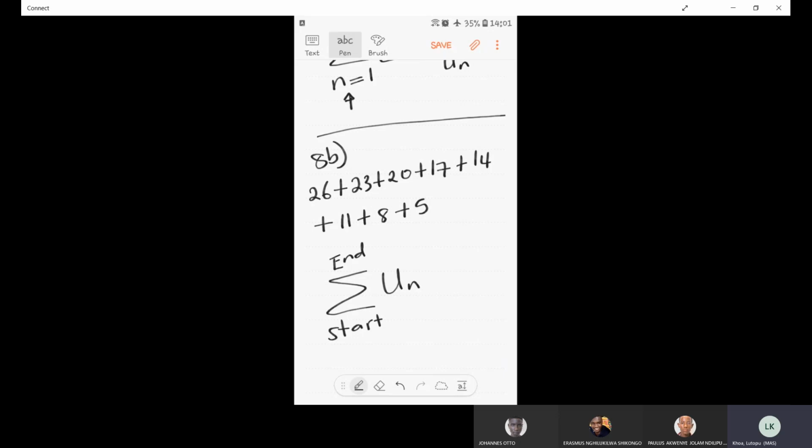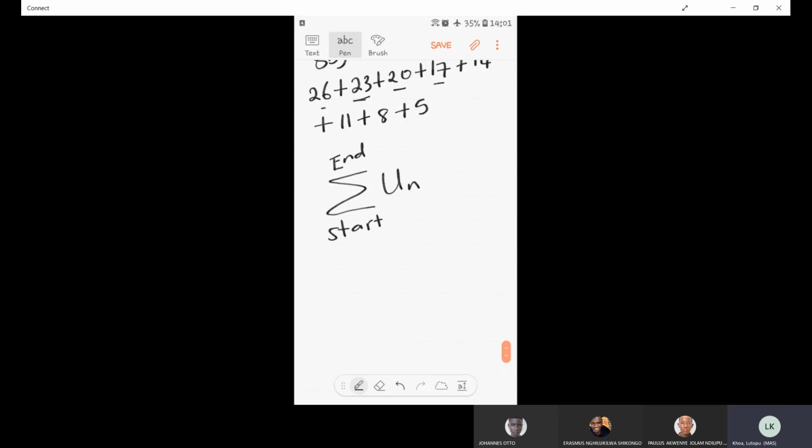But now when I look at the difference, 23 minus 26 is negative 3. 20 minus 23 is negative 3. 17 minus 20 is negative 3. So this one is arithmetic.